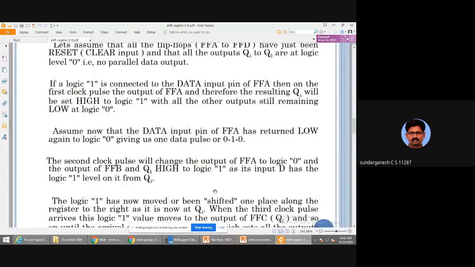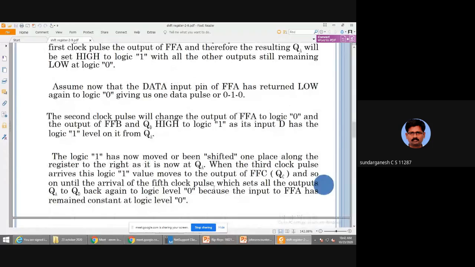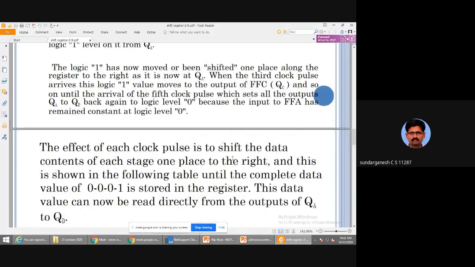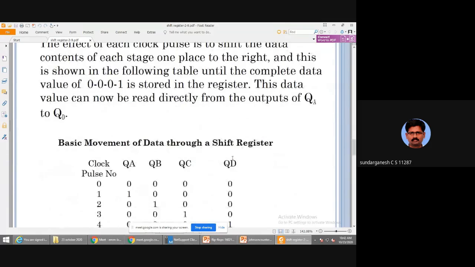Now QA becomes one, QB becomes zero, QC becomes one. Finally, I make D input 0. Now QA becomes 0, QB 1, QC 0, QD 1. Now I get all the outputs. The output is 0, 1, 0, 1. So I get all the outputs.